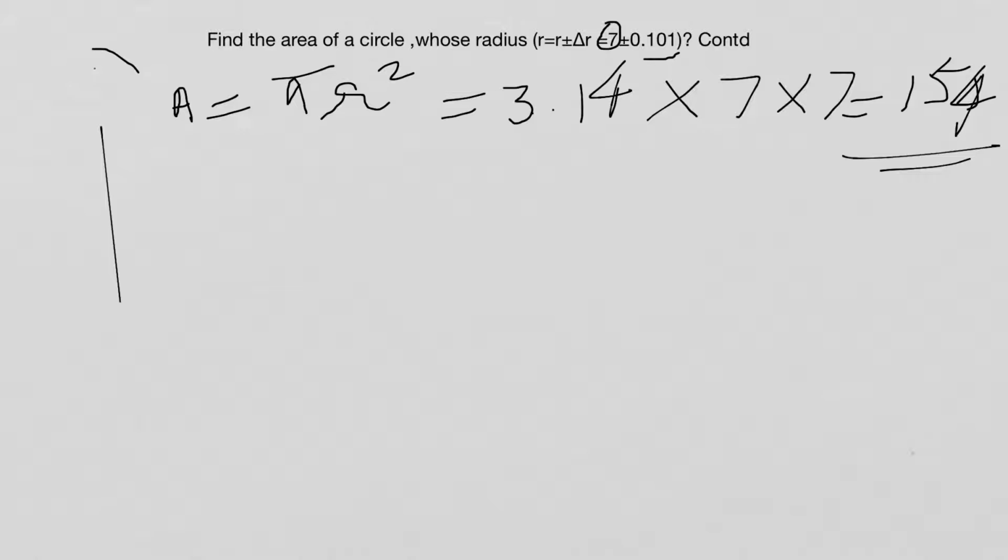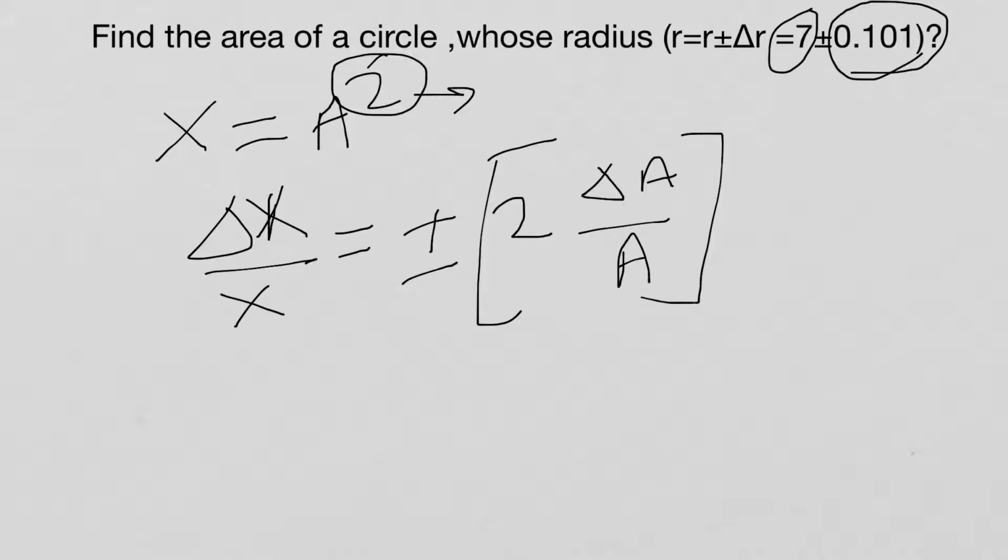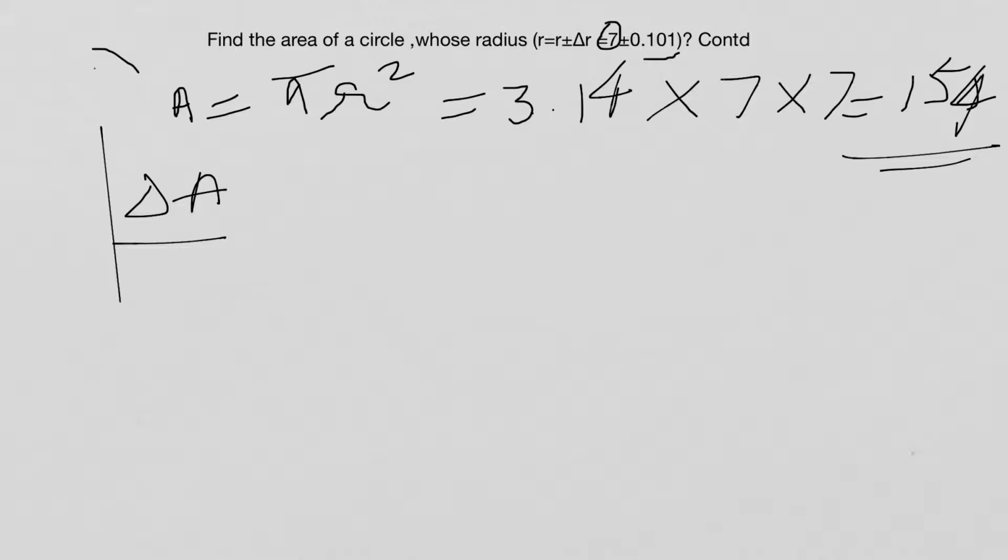Now we want to find it for the tolerance value. So we want to find the area for the tolerance value. So now for delta a, we will use the formula we derived previously. In the same way we will derive here. So delta a by a equals 2 delta r upon r.